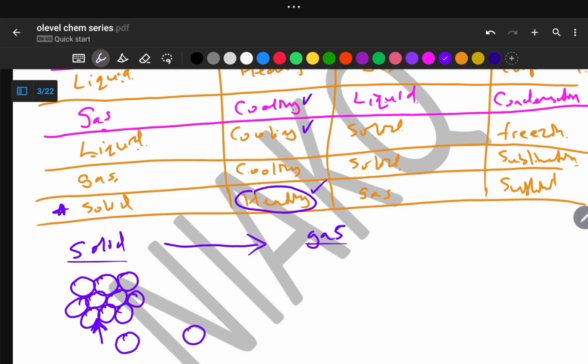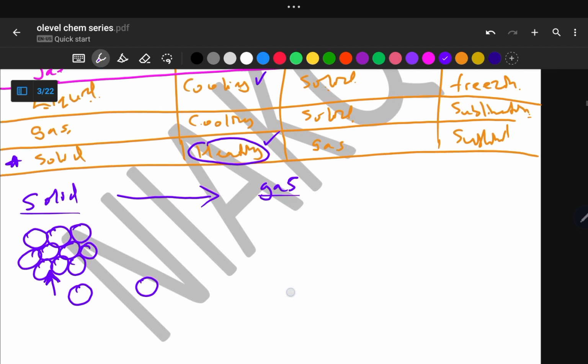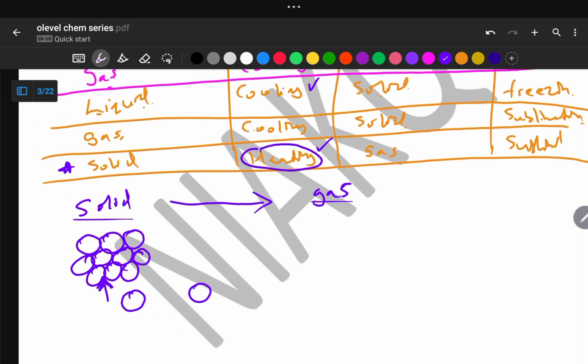So this one is what we call the endothermic reaction. We're going to explain more on that when we are doing chemical energetics, right? So heat is being absorbed, so heat is being taken into the system. So in this solid phase, we absorb heat to break this bond so that we are going to have the particles which are far apart from each other, the gaseous phase.